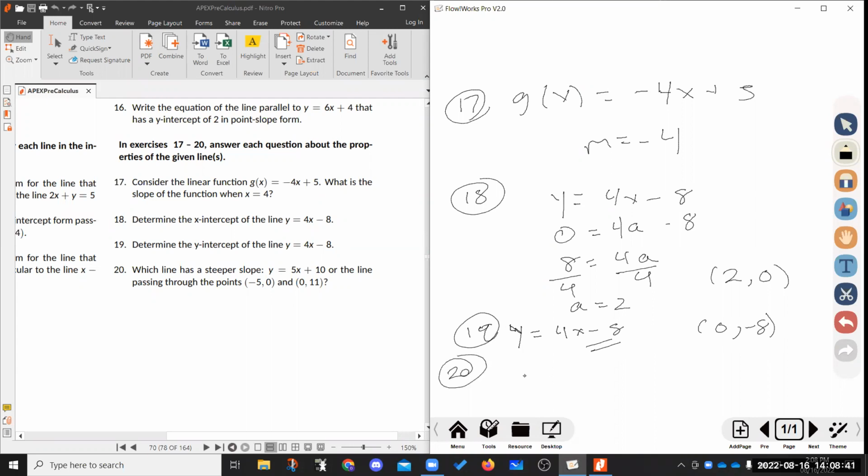Number 20, which has a steeper slope. The line y equals 5x plus 10, or the line passing through the points. Let's find the slope here. 11 minus 0 over 0 minus negative 5 is 11/5, which is 2 1/5.